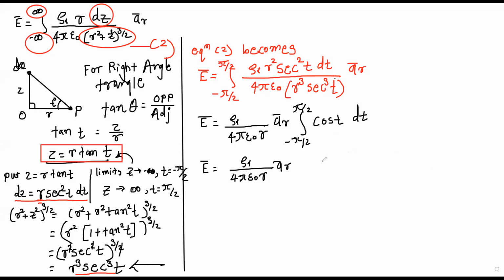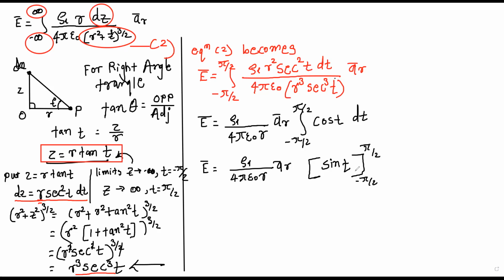Plus sign t. So this is going to be sin t, and this would be minus pi by 2 to plus pi by 2.